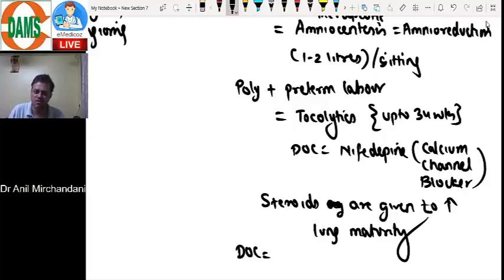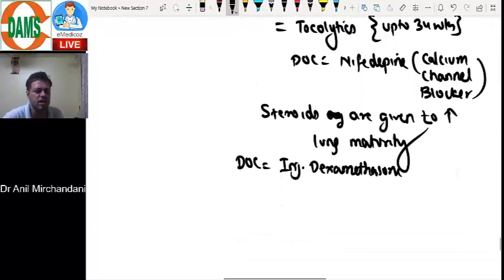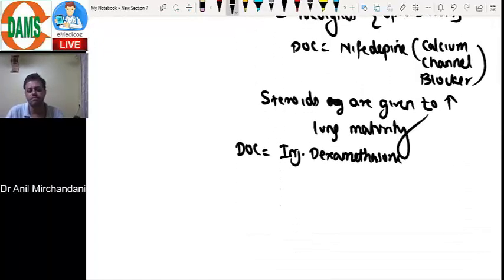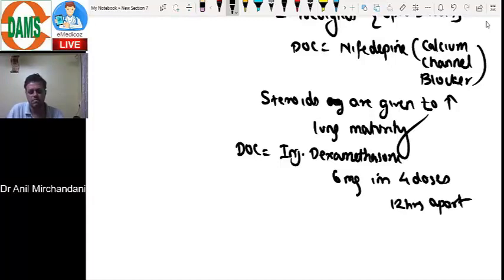Drug of choice is, yes, injection dexamethasone. See, betamethasone is also there, but dexamethasone is preferred. At least in India, dexamethasone is the answer. 6 mg IM, 4 doses, 12 hours apart. That's what we give, dexamethasone.